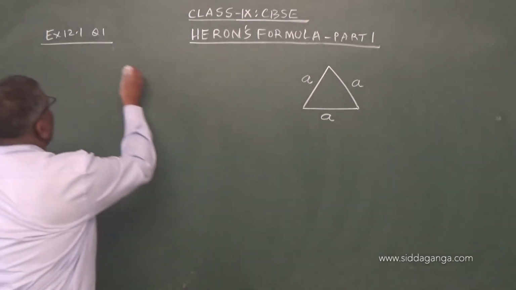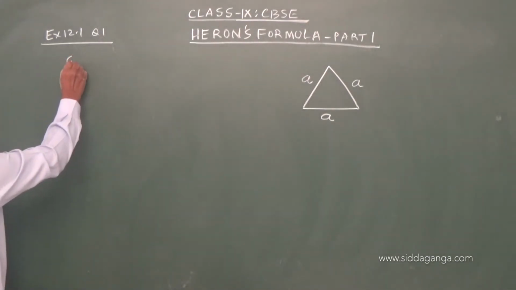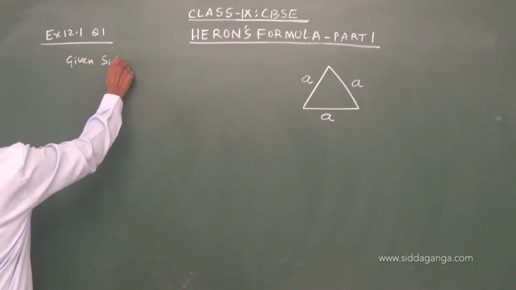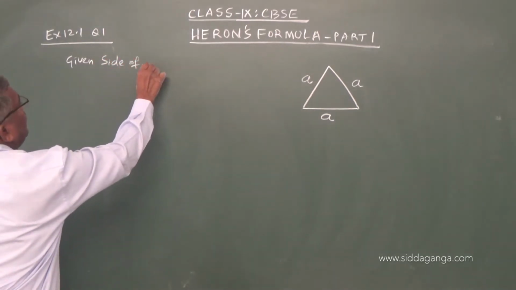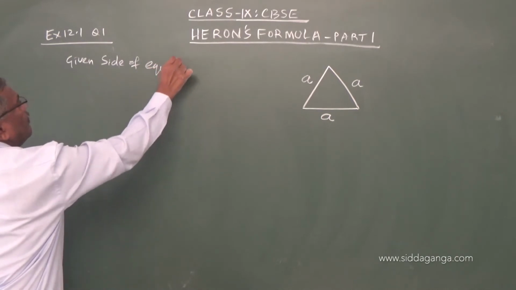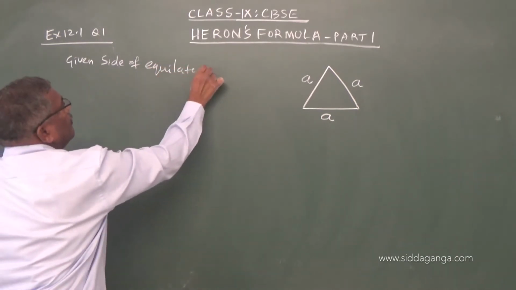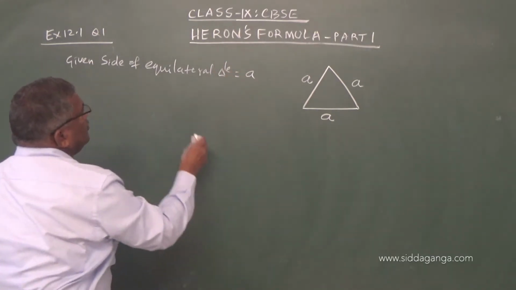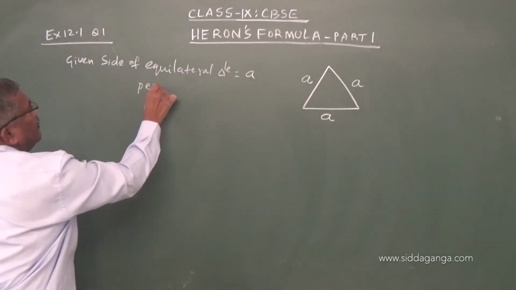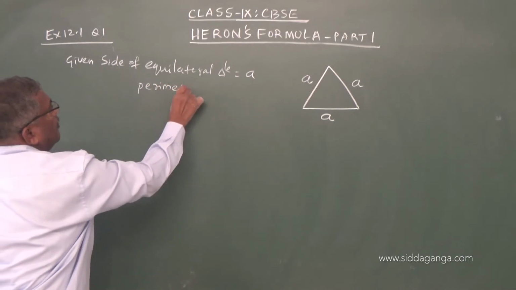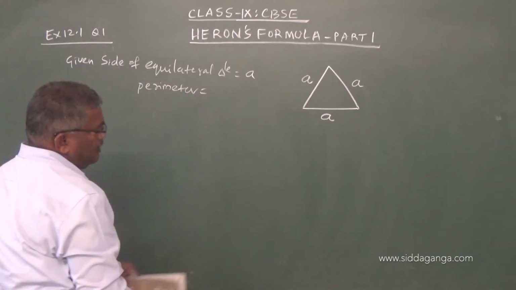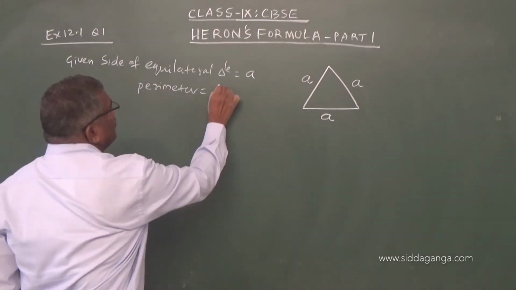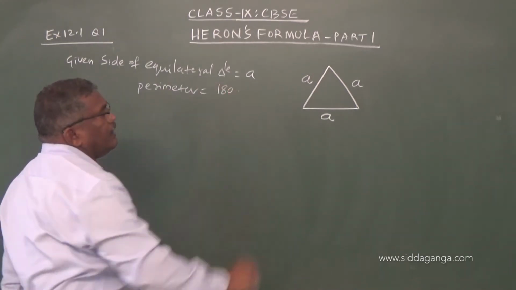So given, side of equilateral triangle equals A. Perimeter equals, how much is it given? 180 centimeter.